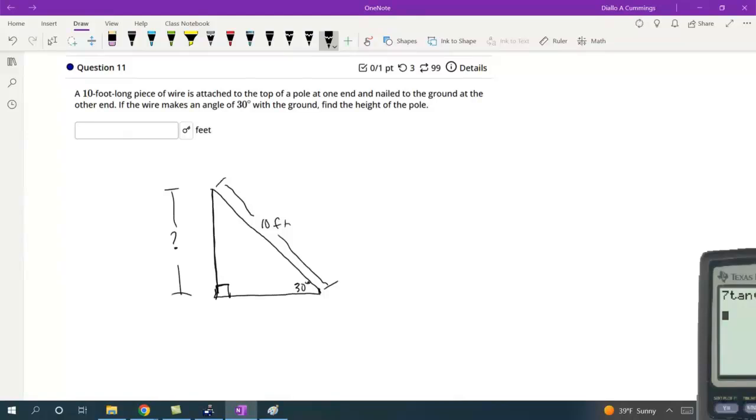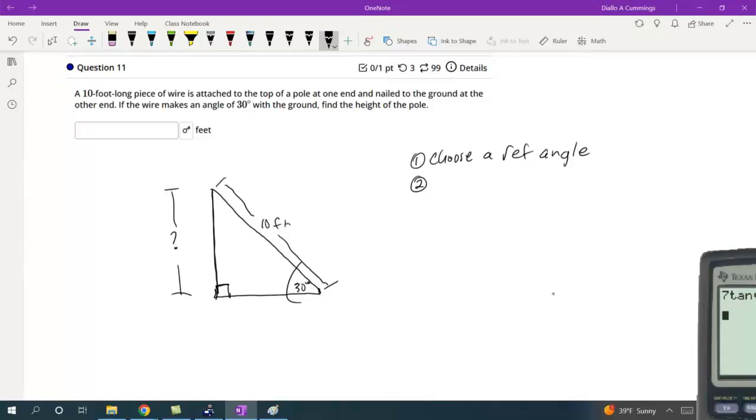Okay. So here we're going to set up a trig function. So in order to set up a trig function, the first thing we must do is choose a reference angle. So we have a right angle, we have an angle that we don't know, and we have a 30-degree angle. We're going to choose the 30-degree angle as our reference angle.